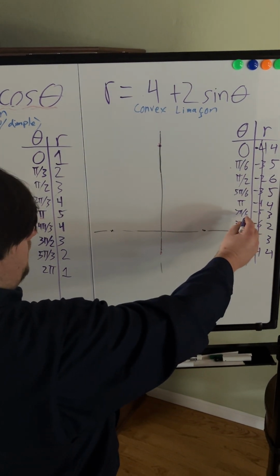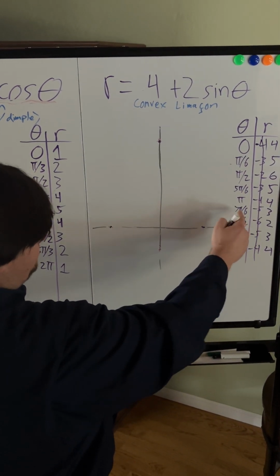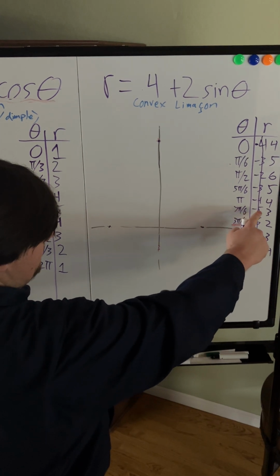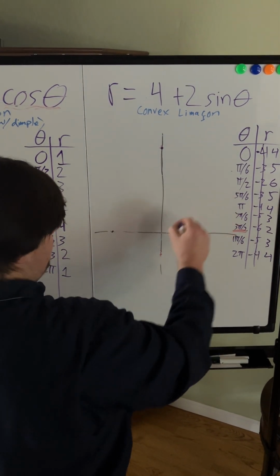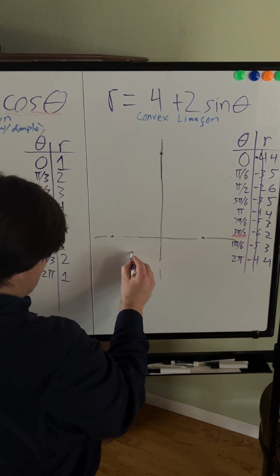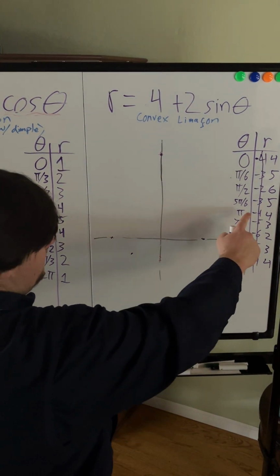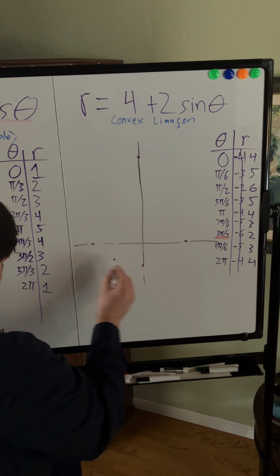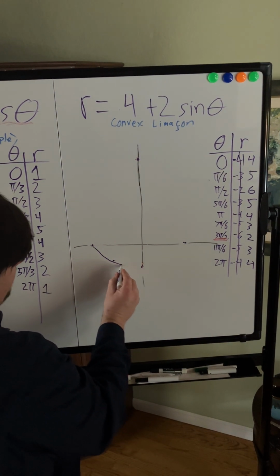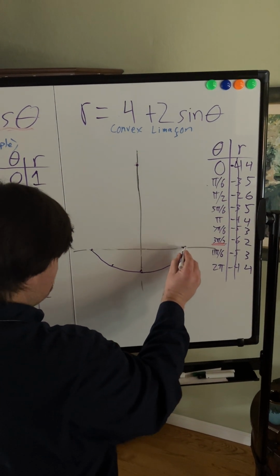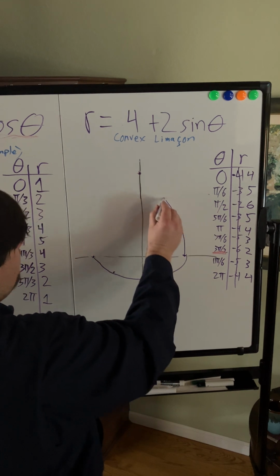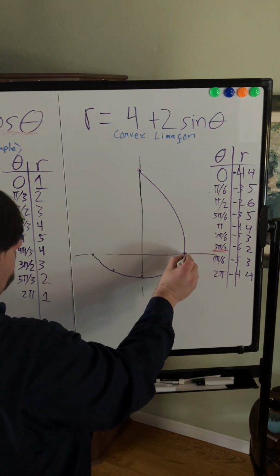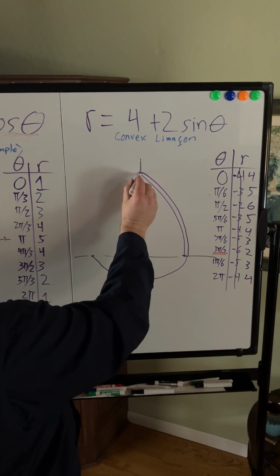Then at 7 pi over 6, instead of being over here, I'm just here. At 3 pi over 2, I'm at 2. So funny enough, we actually end up with the same looking graph. That's probably come out a little more here.